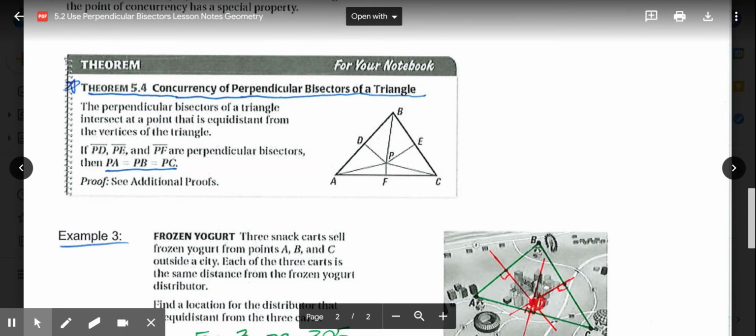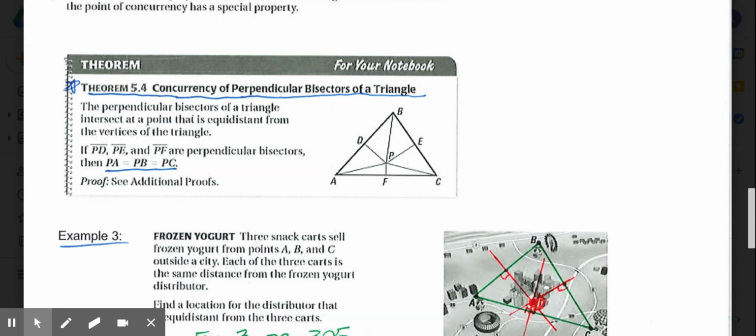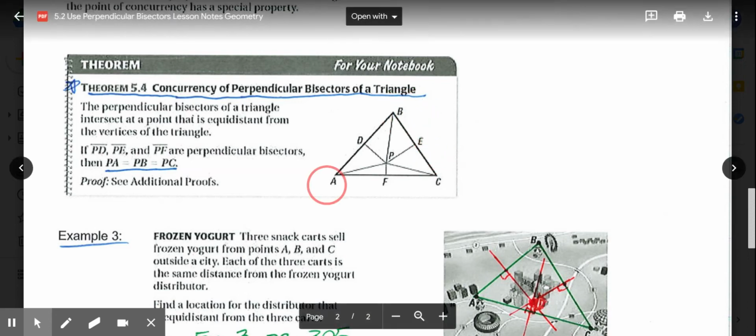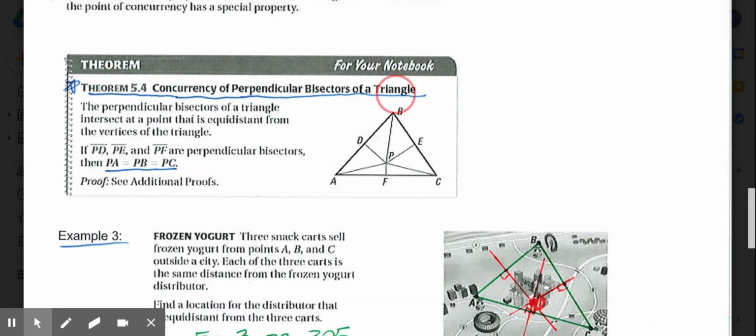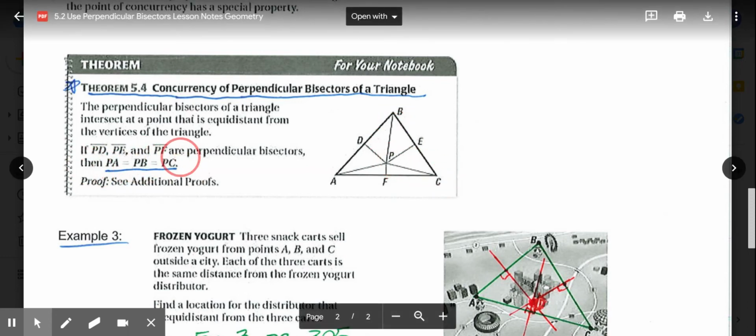So in this case, if I have triangle ABC and I do the perpendicular bisector of each side, so the perpendicular bisector of BC, of AC, and of AB, those three perpendicular bisectors meet at a point, and that point is the same distance from my three vertices. So the distance PA equals P to B, which equals P to C, right here.